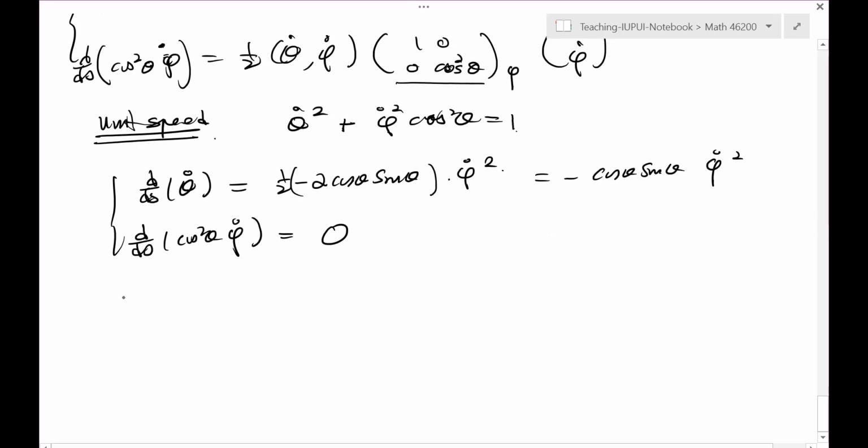So that means by the second equation, this is going to be a constant, independent of the variable.